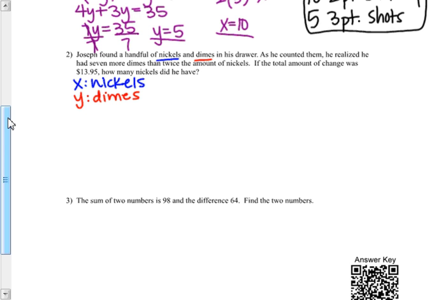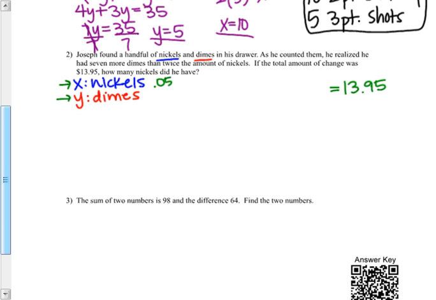When I create my equation, I'm going to have that something equals 13.95. That's the total amount of money I have, $13.95. And when I create the first part of my equation, so basically something x plus something y, well, my nickels here are only worth 5 cents, which is 0.05 of a dollar.